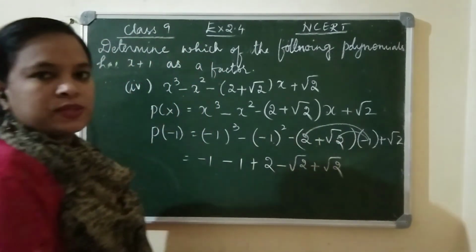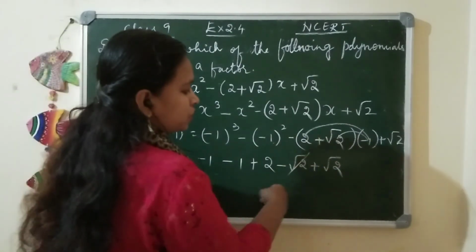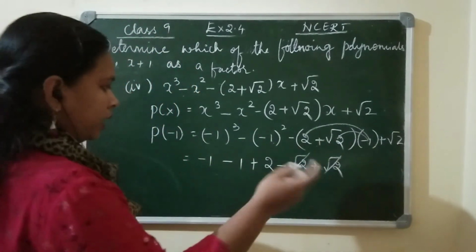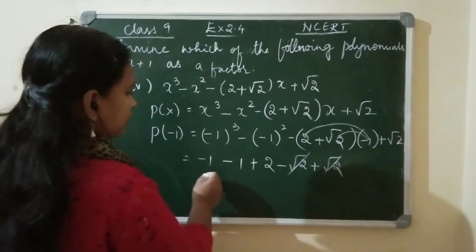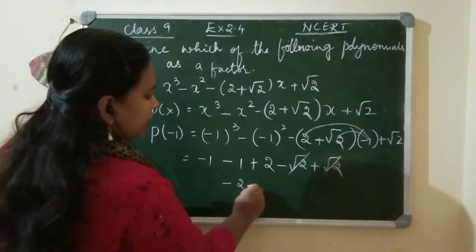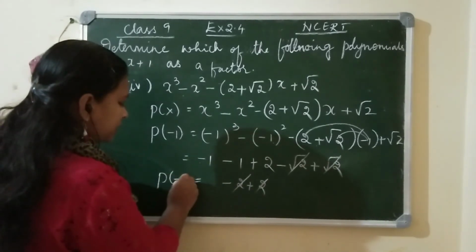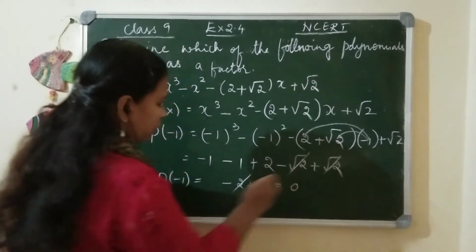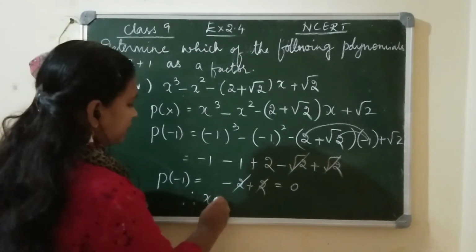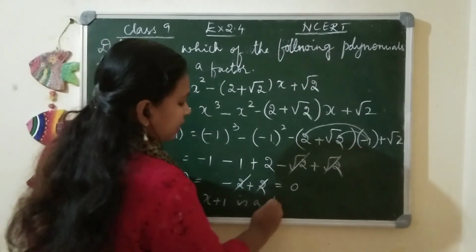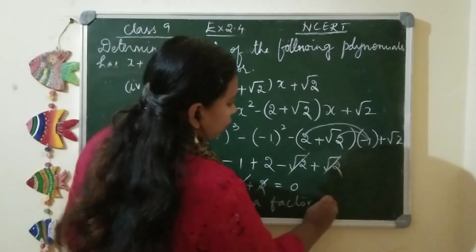So now when you observe here, you can cancel minus root 2 and plus root 2, and you can cancel minus 2 and plus 2 here. This also you can cancel. So p of -1 will be equal to 0. Therefore x plus 1 is a factor of p of x.